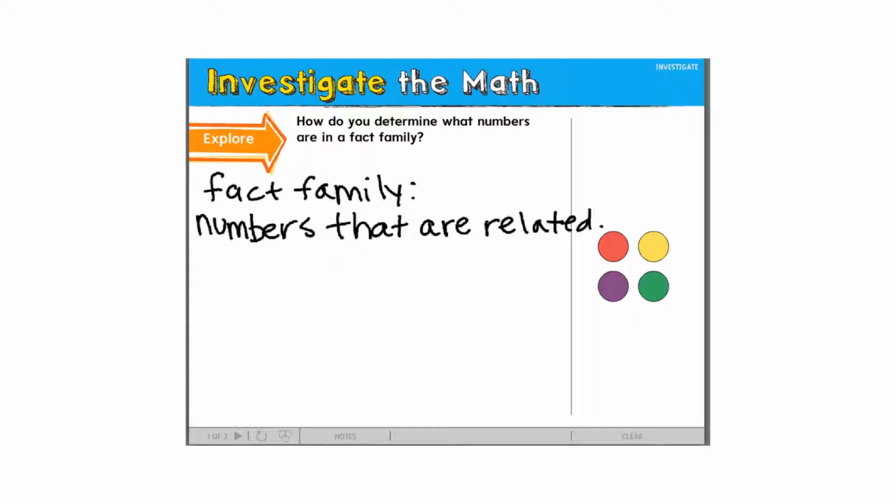And so they're related because you can multiply or divide two of the numbers and you get the third number as your answer. So we're going to write that also. We're going to put a big X to save on some space. So you can multiply or divide two of the numbers.